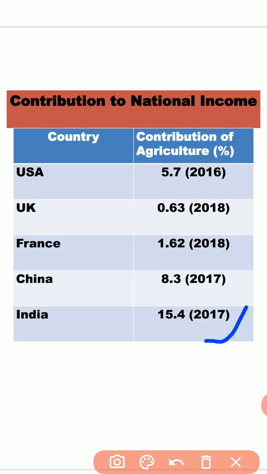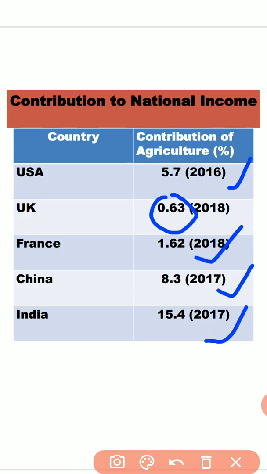It was 15.4% in 2017, whereas in China it was 8.3% during the same year, whereas in USA, UK, and France, these developed countries, the contribution of agriculture to the national income is in USA 5.7%, in UK merely 0.63%, whereas in France it was 1.62%.